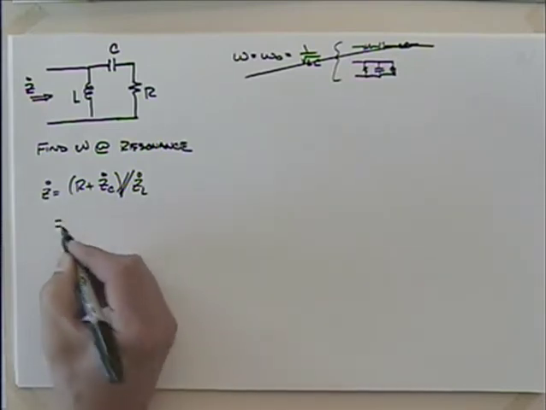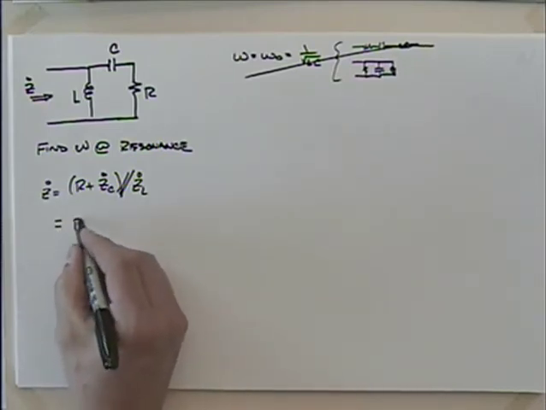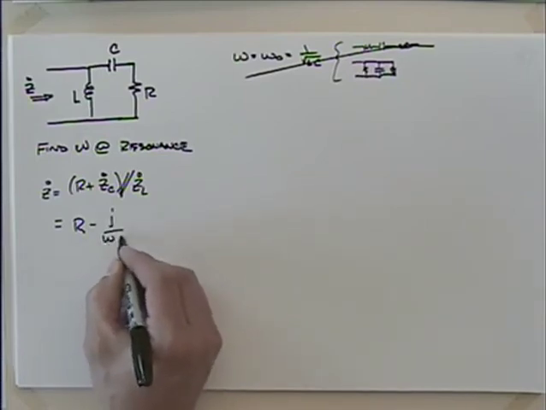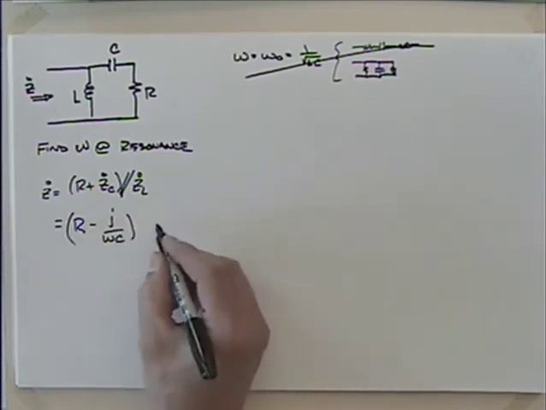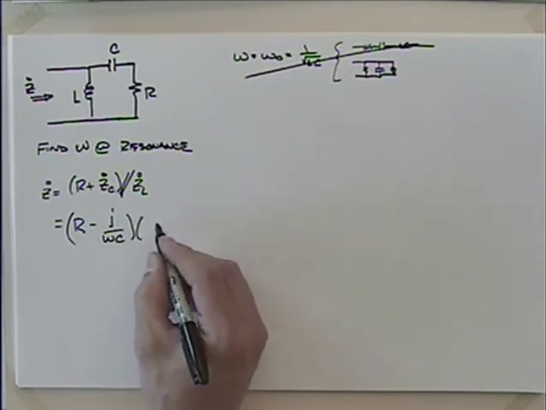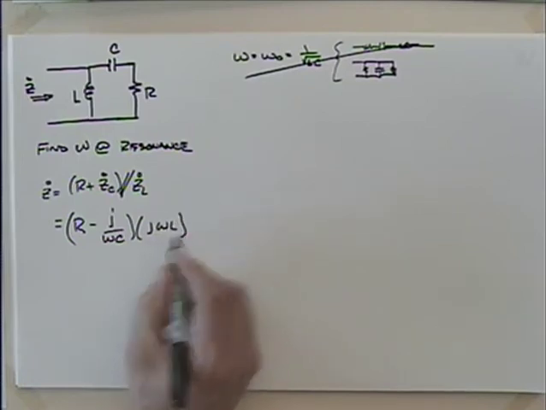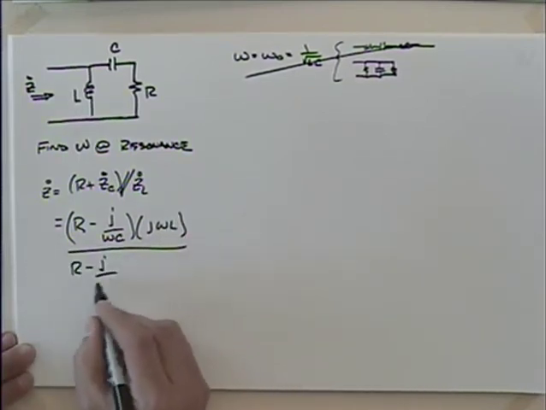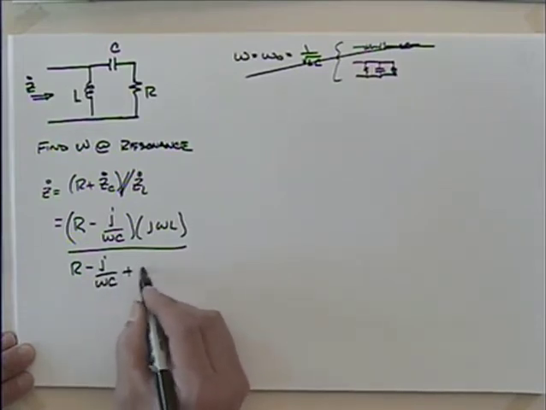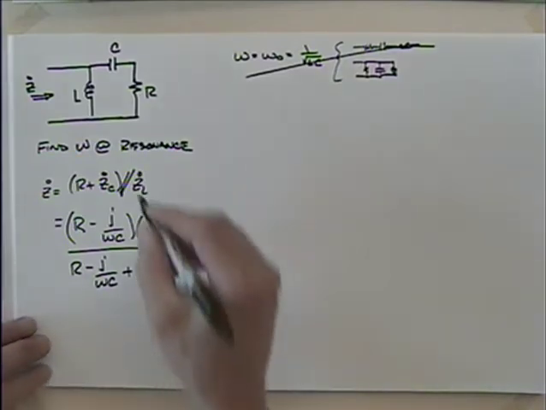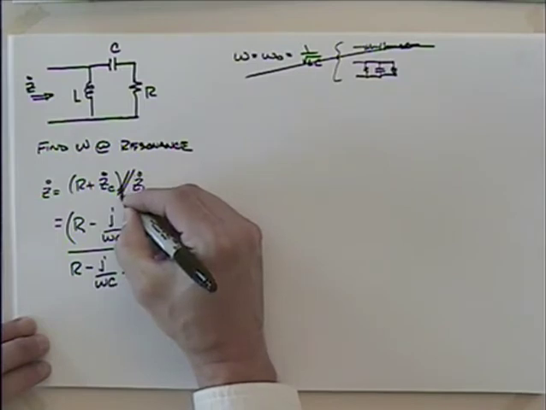Which if I put that into math terms, I would have the resistance R minus j over omega C times, let's see, product over sum. I'd have j omega L divided by R minus j over omega C plus j omega L, right? You do product over sum when you have two things in parallel. So that is our symbol for parallel here.